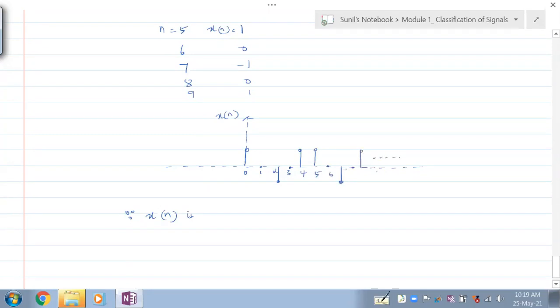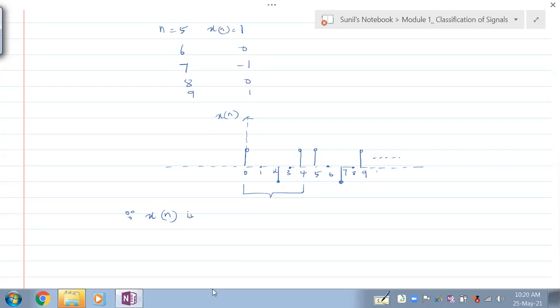Five, six, seven, eight, 9. And where is the repetitive pattern? The repetitive pattern is from here to here. How many samples are there? There are 4 samples ranging from 0 to 4. No, 5 samples, right?